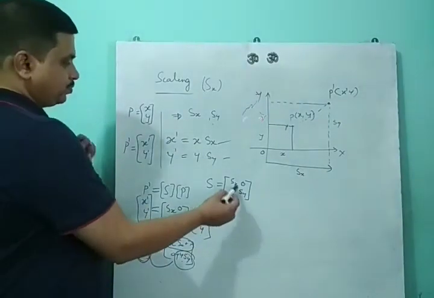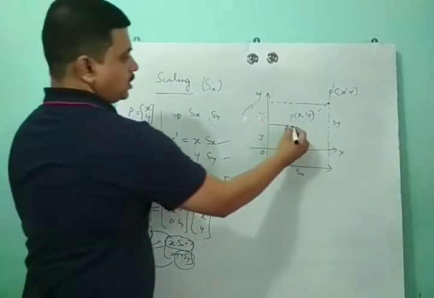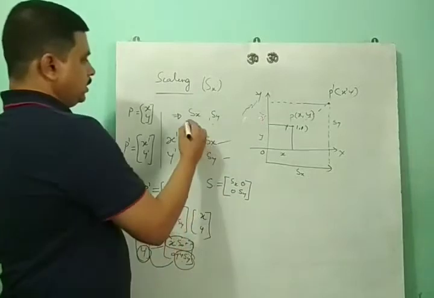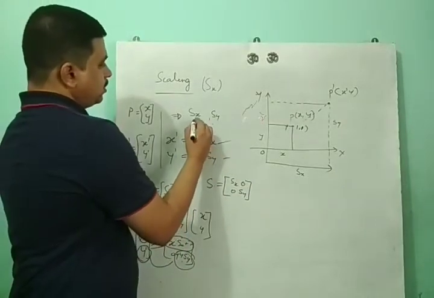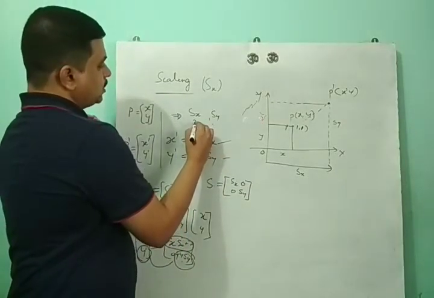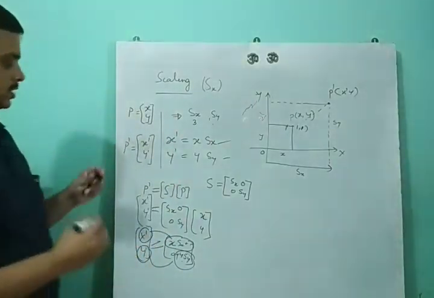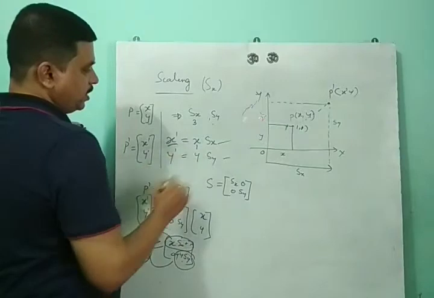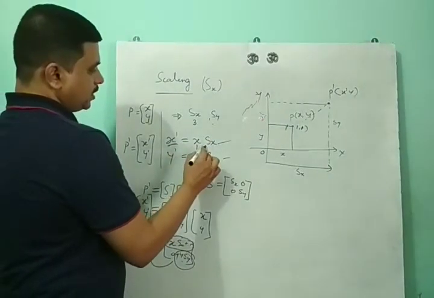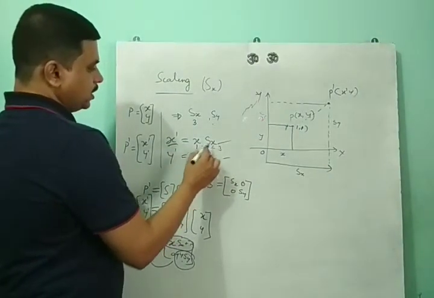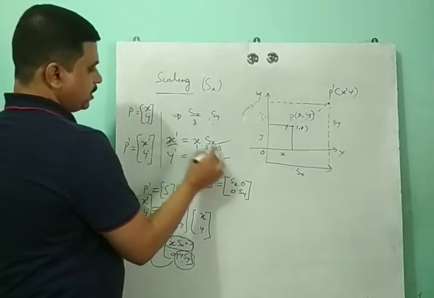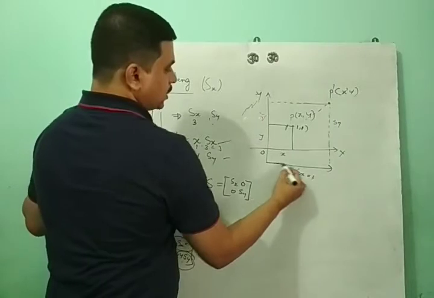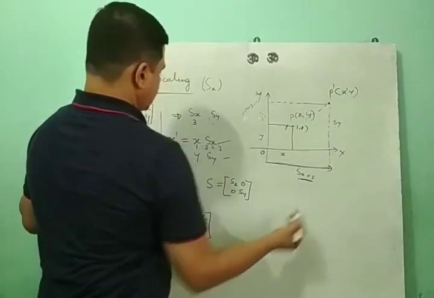So now consider this point as 1, 1, and the scaling factor as 3 in both directions. Then x dash will be: the initial point is 1, the scaling factor is 3, so this becomes 3. That is, the x dash value is 3, which is nothing but Sx.